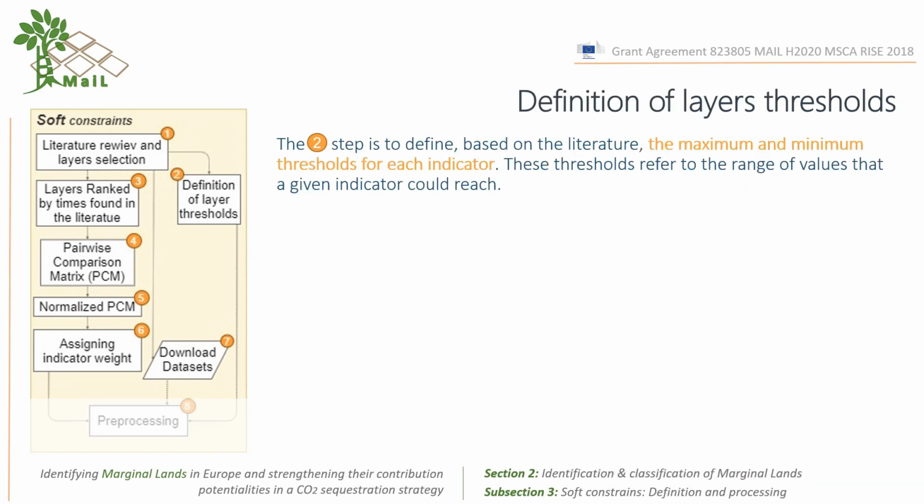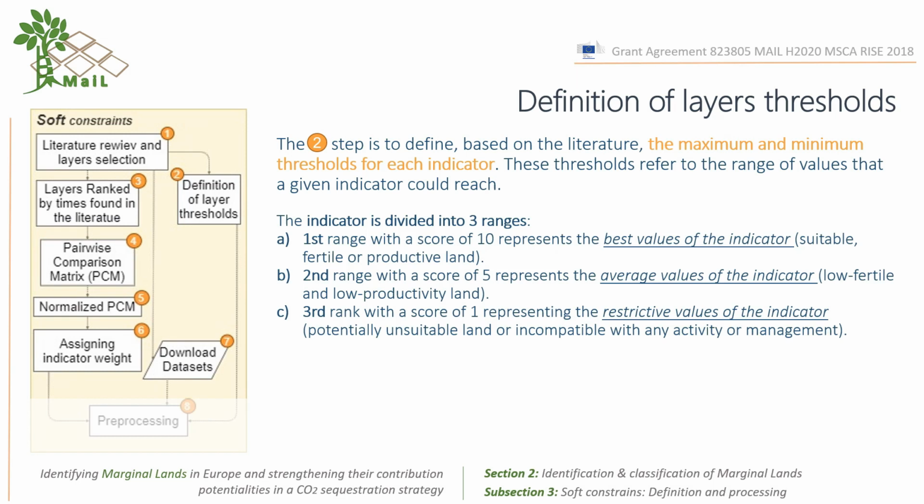The second step is to define, based on the literature, the maximum and minimum threshold for each indicator. This threshold refers to the range of value that a given indicator could reach. Once we have identified the maximum and minimum value of the indicator threshold, we divide it into three ranges.